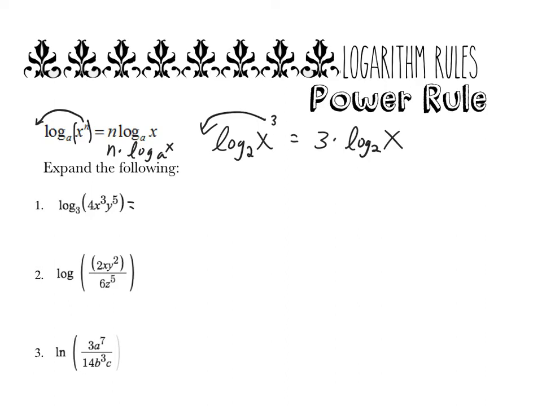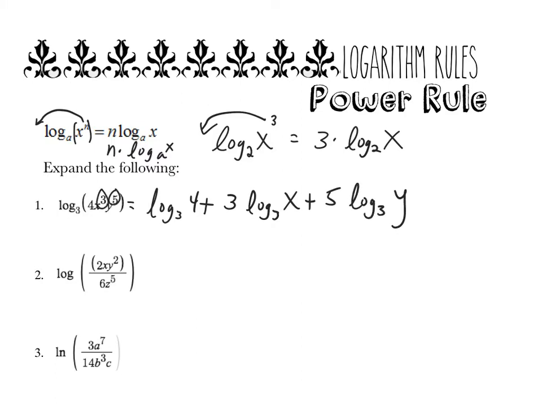So if I were to write these next ones, I'm expanding and I'm using the power rule. This would look like log base 3 of 4 plus 3 log base 3 of x plus 5 log base 3 of y. So notice that the 3 and the 5 came out up front.